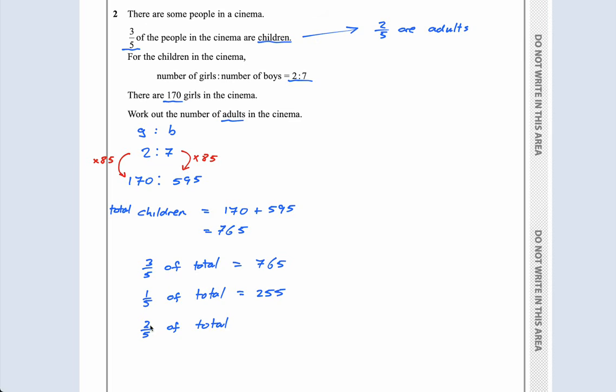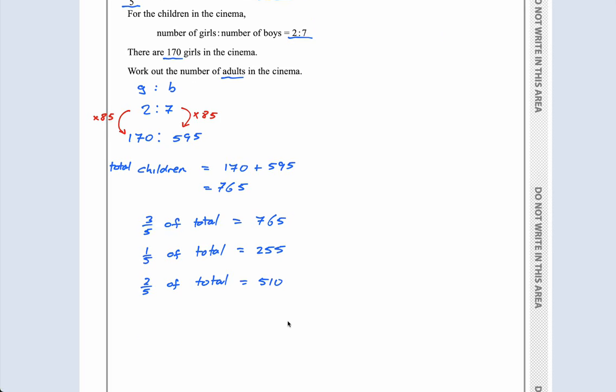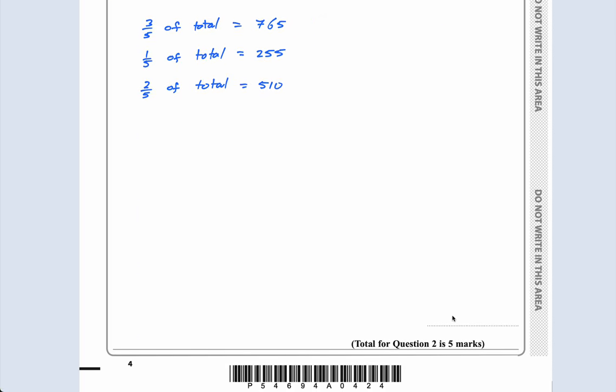I wouldn't write, guys, 1/5 equals 255, because 1/5 doesn't equal, it's 1/5 of the total. So 2/5 of the total equals this times 2, which is 510. So that's the answer, and it's 5 marks, guys. I can just write down here 510.